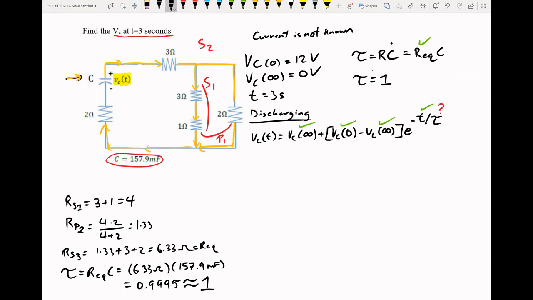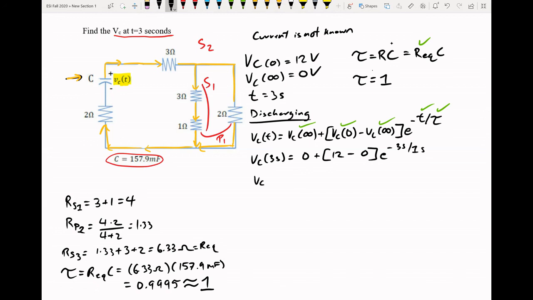So now all that's left is to plug everything that we know in. V of C at 3 seconds is going to be equal to V of C infinity, 0, plus V of C initial, 12, minus V of C infinity, 0, times e to the minus 3 seconds divided by 1 second.